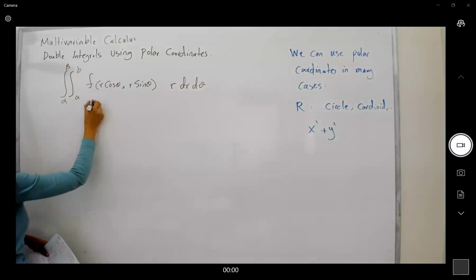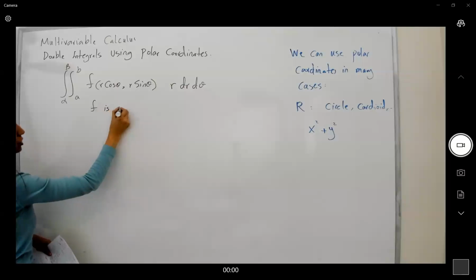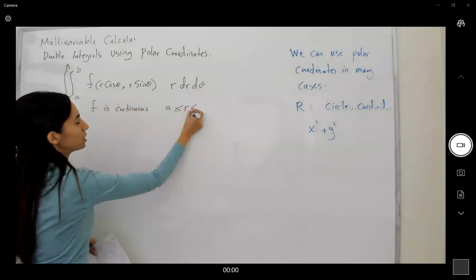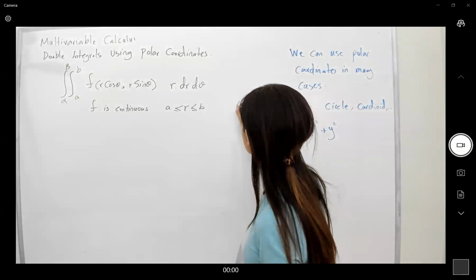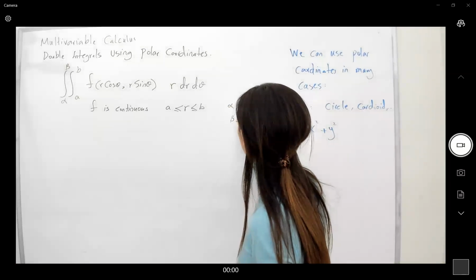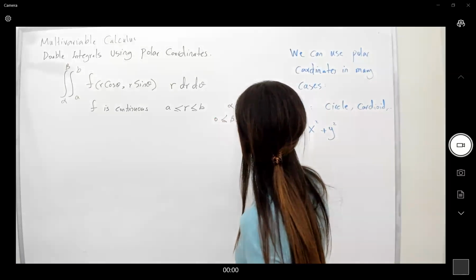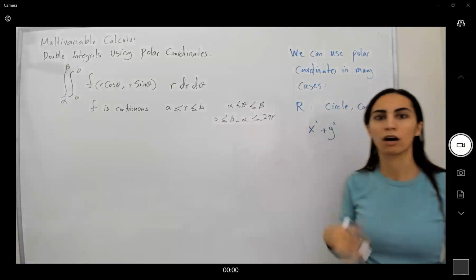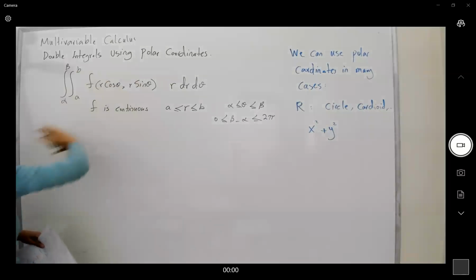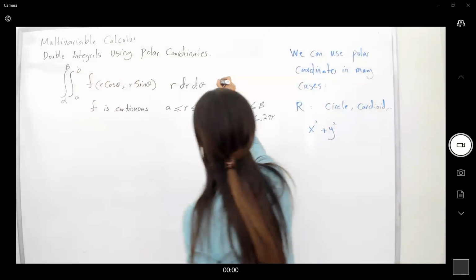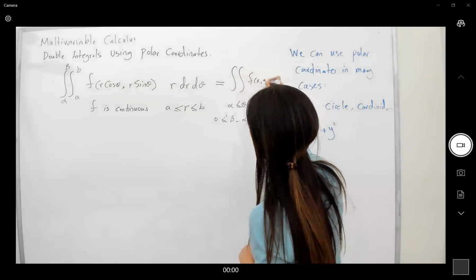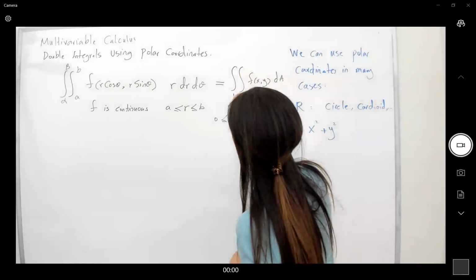Here f is a continuous function, and we have the condition that beta minus alpha is in between 0 and 2 pi to make sure we do not turn around the origin too many times. So where does this formula come from? I'm saying that this formula is the same as the double integral of f of x and y dA over region R.